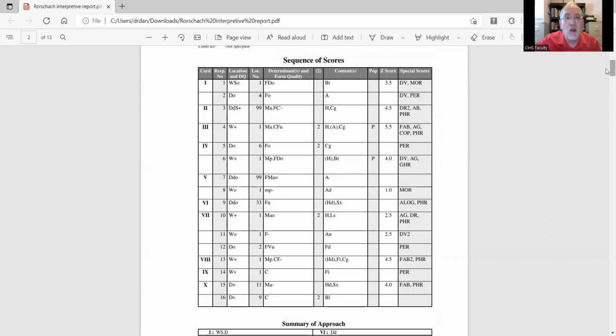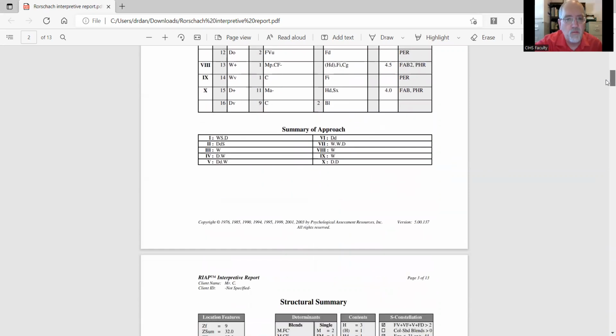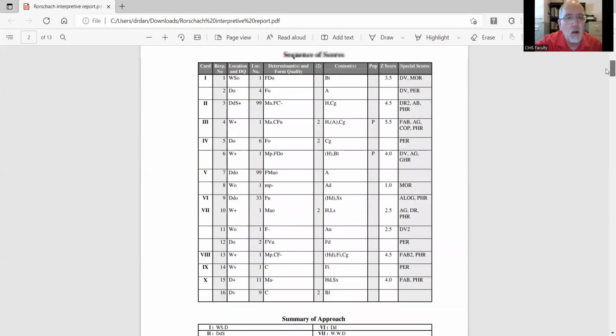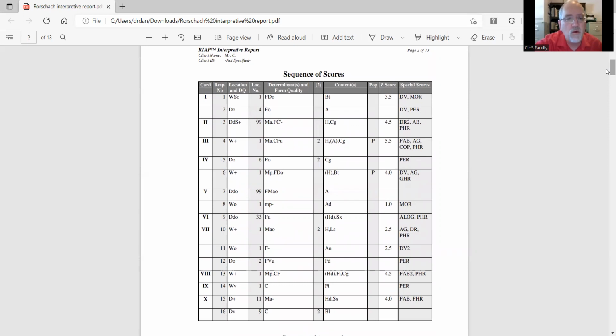So what you see here is, for each card, that's all 10 cards, the scores for each of the responses. Now, I think what you may notice here is on some of them, the person was allowed to give just one response, but for most of them, there are 2 or 3.